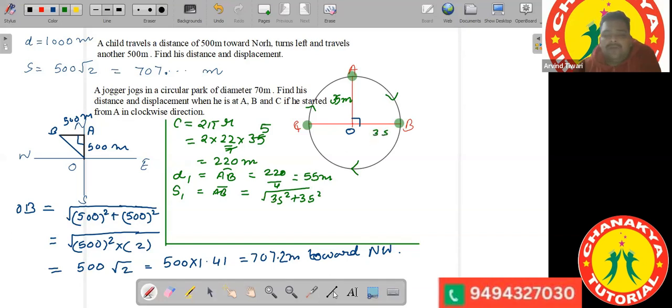So side AB is given by the square root of 35 squared plus 35 squared, which comes out to be 35 times root 2. We know the value of root 2 is 1.41. You can multiply 35 by 1.41, and that is the answer.